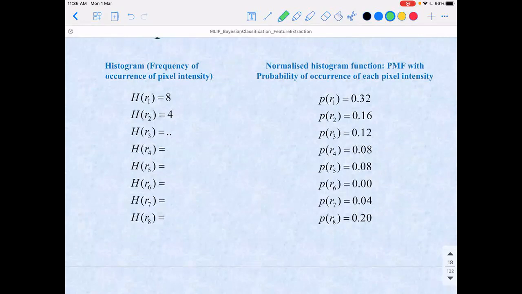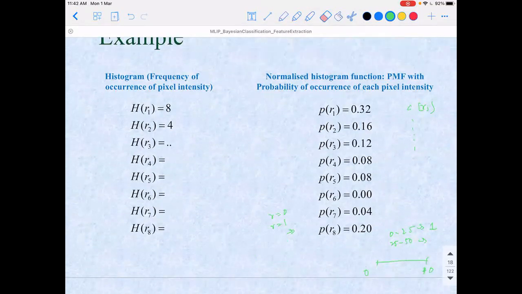I think some slide is missing here. So you can make the cumulative distribution function C. Then we write the new intensity equal to C of R into 255.